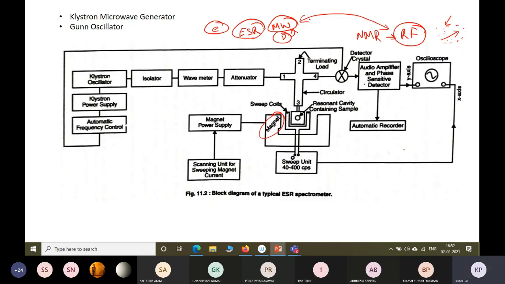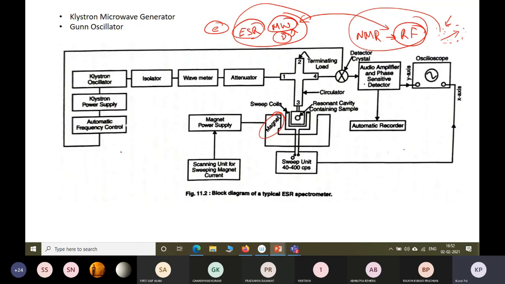So in neither ESR nor NMR do we have photons involved. It's only about magnetization and the magnetization vector, how it is increasing and decreasing.